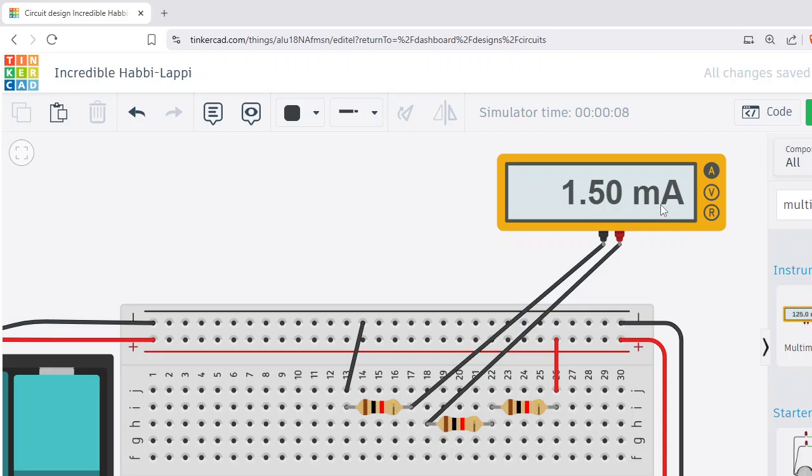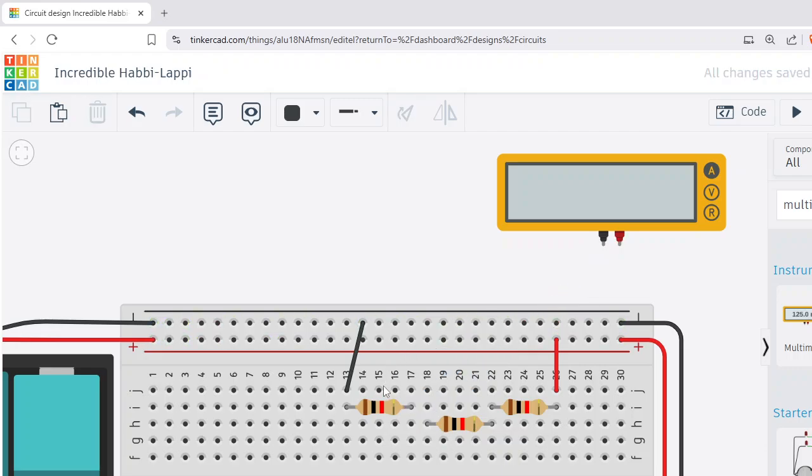Okay, so 1.5 milliamps, right? If the resistances are in series, the voltage is divided, but is the current divided? No, sir. The current is the same. The current remains the same.